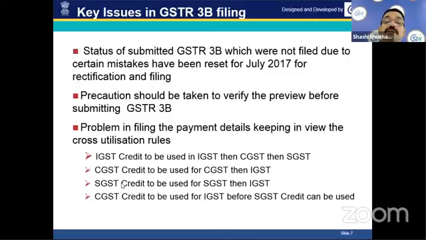Similarly for SGST credit, you first use that credit for extinguishing your SGST liability, and then you can use it for paying IGST liability. If you have both CGST credit and SGST credit, the first priority is using the CGST credit for IGST liability.